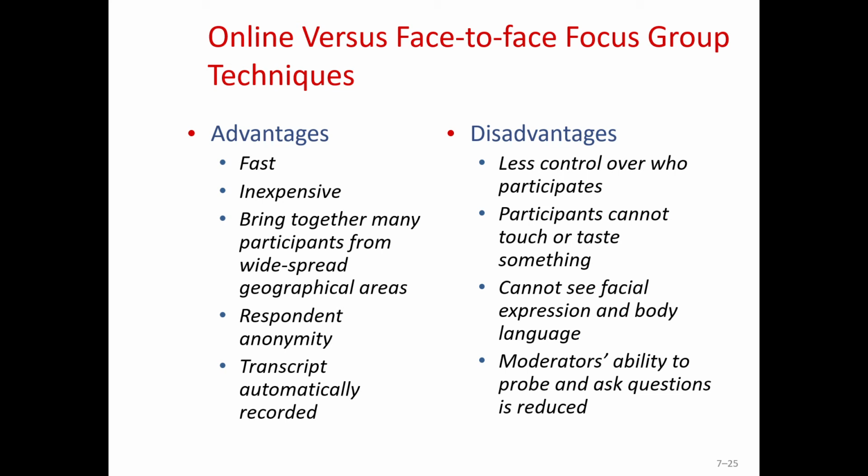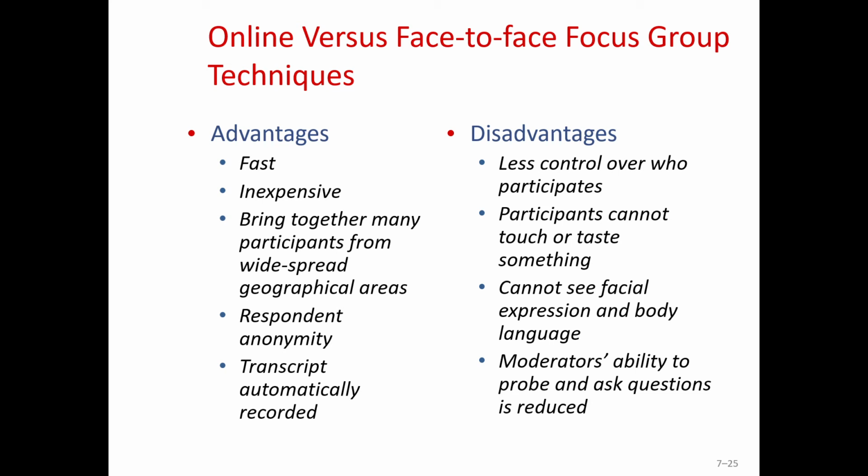Another one, not so much an issue with the online format where respondents can remain anonymous: traditional face-to-face groups may not be useful for discussing sensitive topics in social settings, and usually involve people with little to no familiarity with each other. So topics people normally do not like to discuss in public may prove difficult to discuss in a focus group.